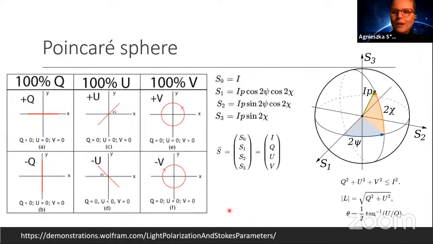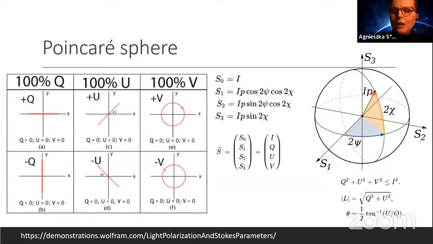Just to be quick regarding polarimetry, the most useful way to describe it is to use the Stokes parameters, which are nothing else than Cartesian coordinates of the tip of the electric vector, presented here for the spherical coordinates as I, P, 2psi and 2xi.